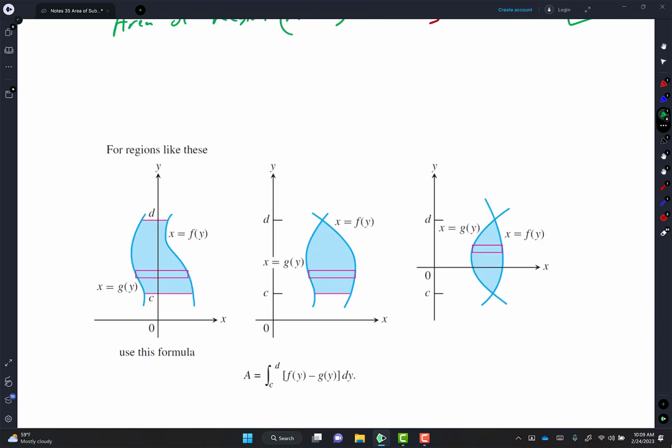So these pictures here are telling you that you can also integrate with respect to y instead of x. These are still Riemann sums. Look at those rectangles. Instead of those rectangles being vertical, now they're horizontal. Do you guys see that? So these right here are no longer delta x's. Look at that gap right there. That gap is a delta y.